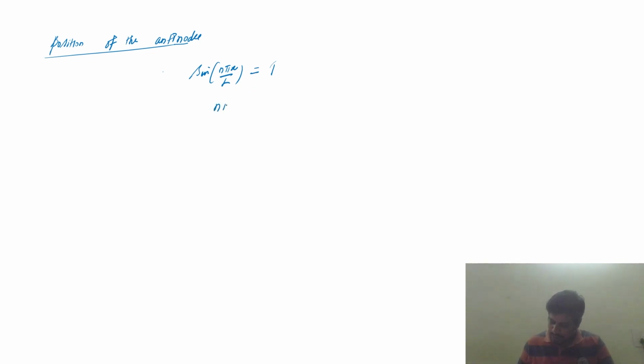So what values should we have? 1 means it should be m pi by 2. That means the m value equal to 1 or 3 or 5 or 7. These are the allowed values for the sine function to have the maximum amplitude.